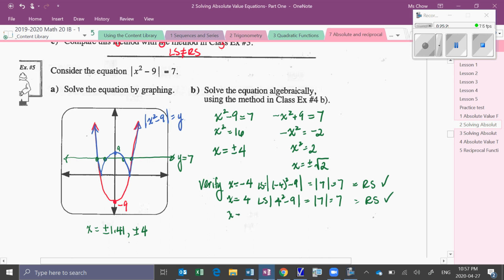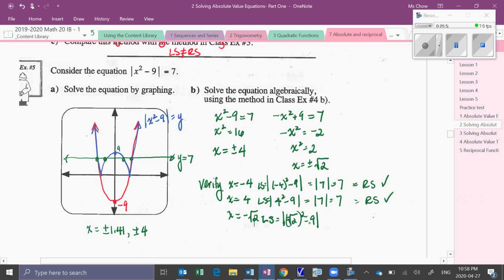If we take x is equal to negative root 2, then my left side is equal to the absolute value of negative root 2 all squared minus 9, and negative root 2 squared is just 2.